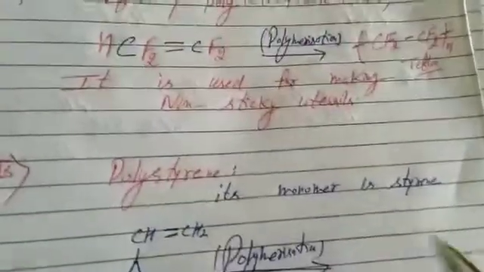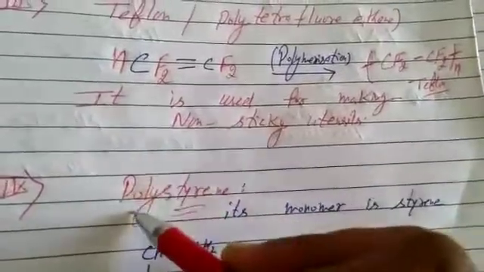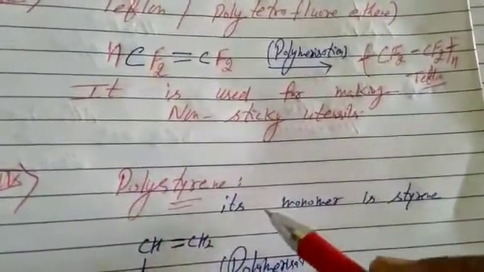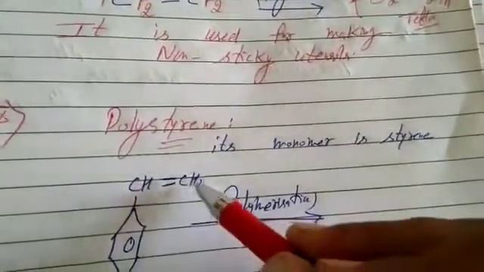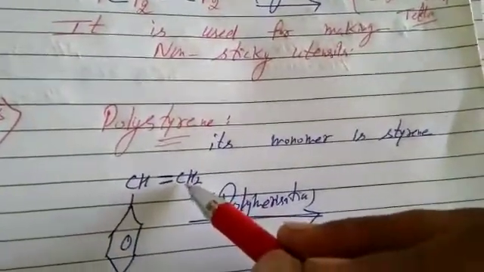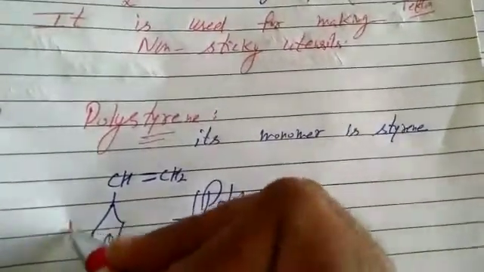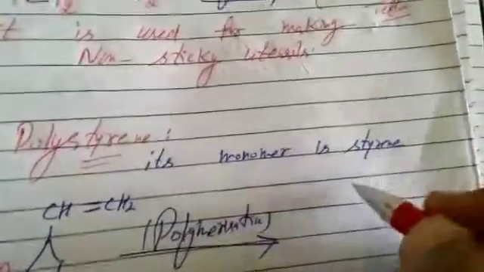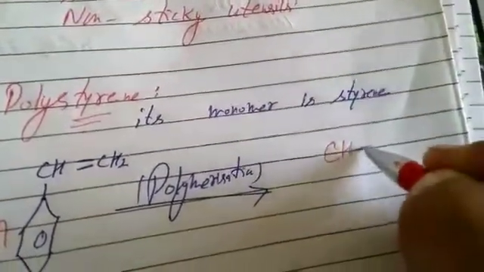After this, next is polystyrene. Again, delete the term poly, its monomer is styrene. It is an organic compound, C6H5CH double bond CH2. When we do polymerization, we consider it n times. Students, what will happen? The unsaturation dissociates.